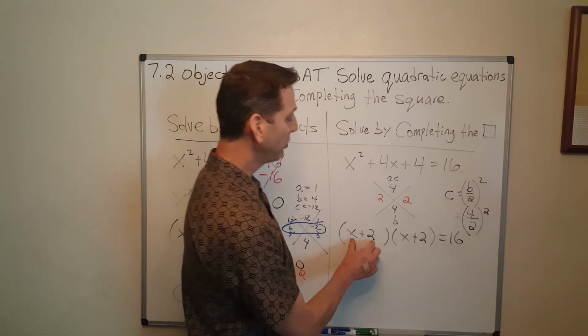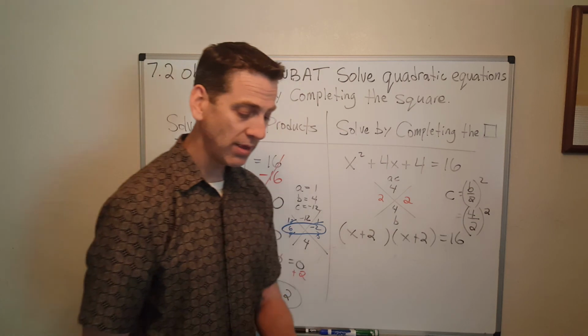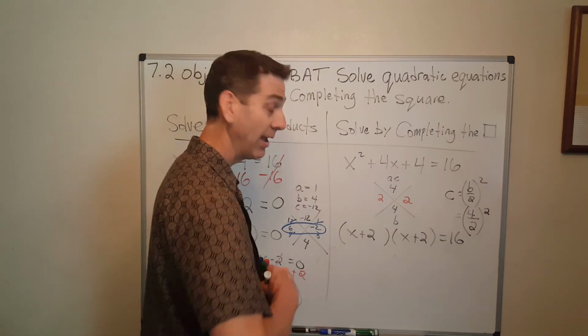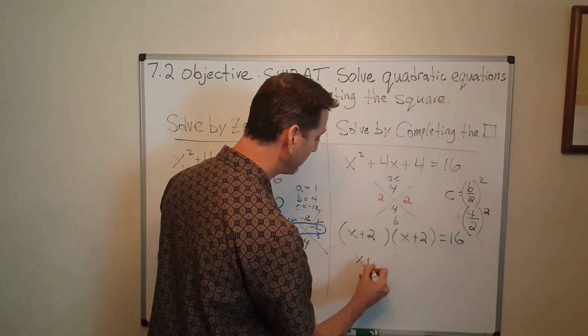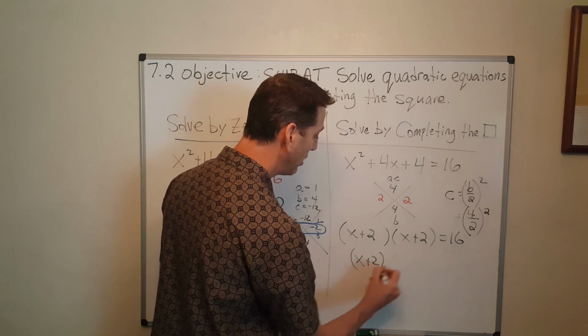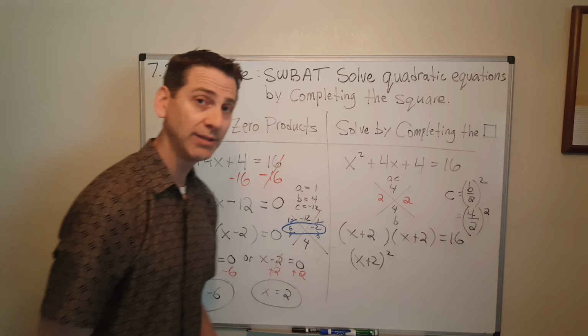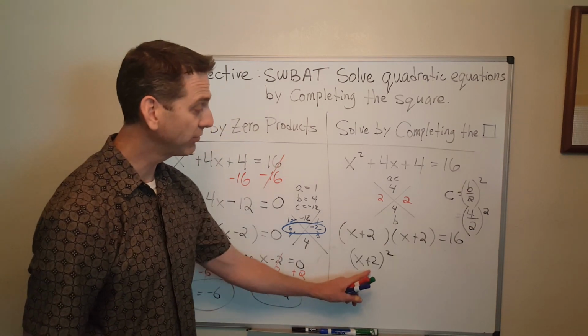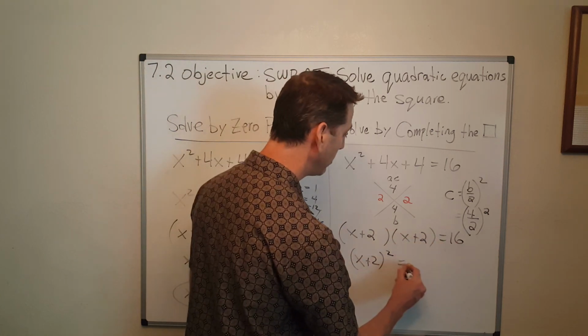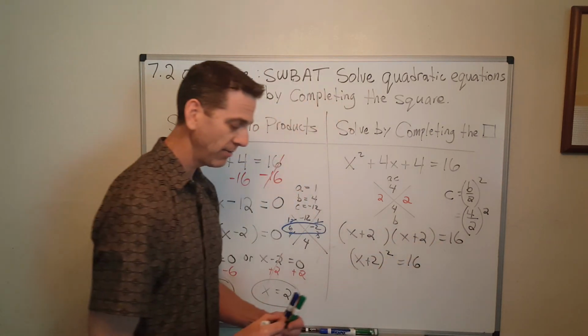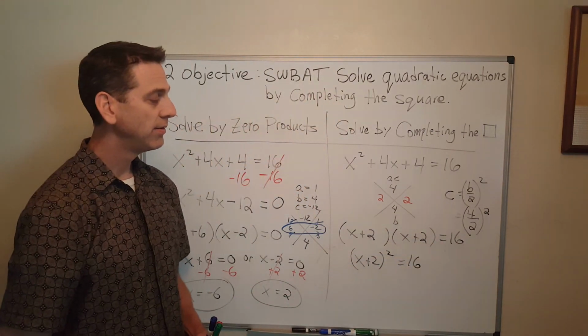So if I have x plus 2 times x plus 2, I can write that as an exponent. This is simply x plus 2 to the second power, isn't it? It's just x plus 2 times x plus 2. Now I'm going to set that equal to 16.